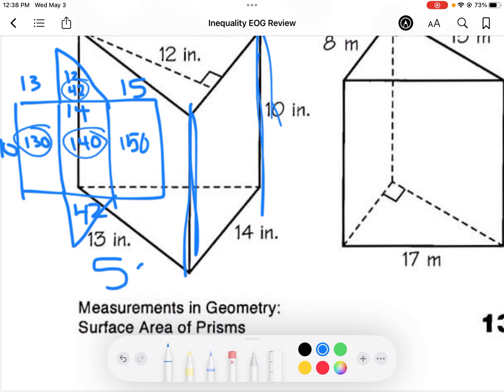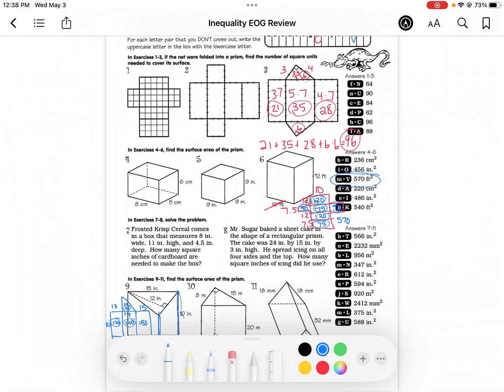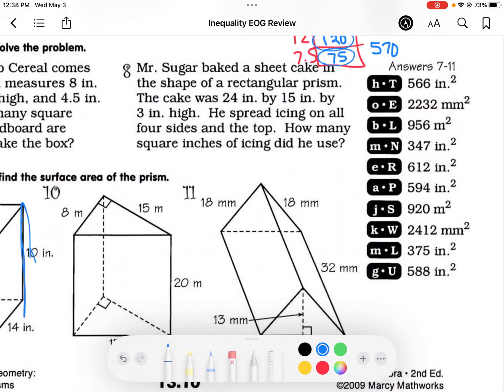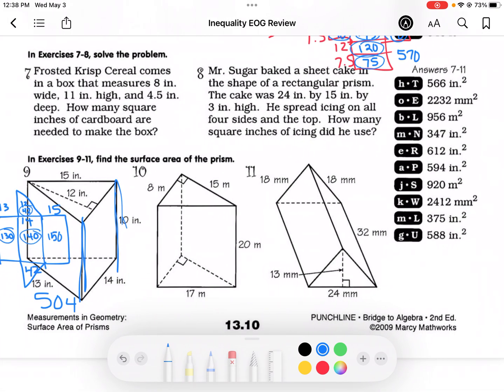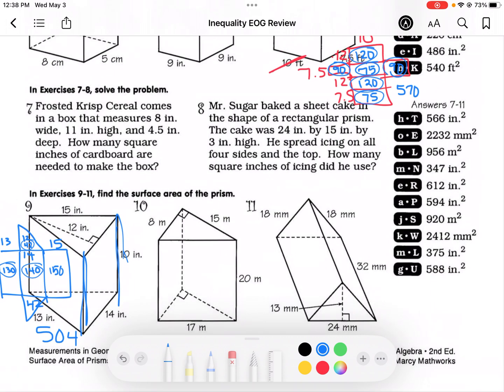And I get 504. Okay, maybe I added something wrong. Let's try again.